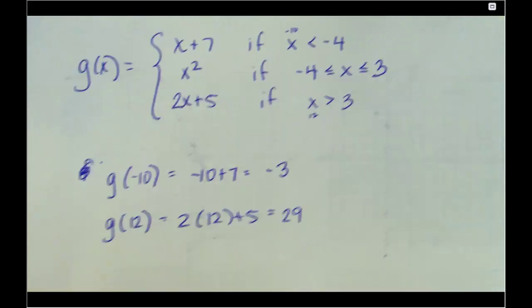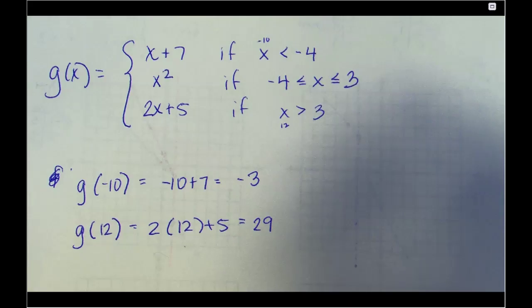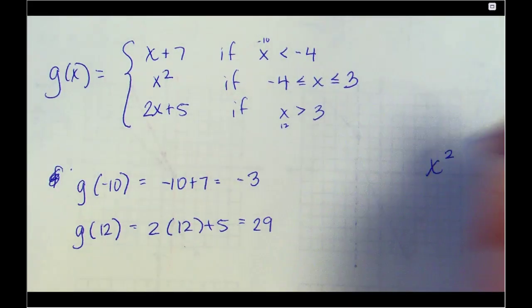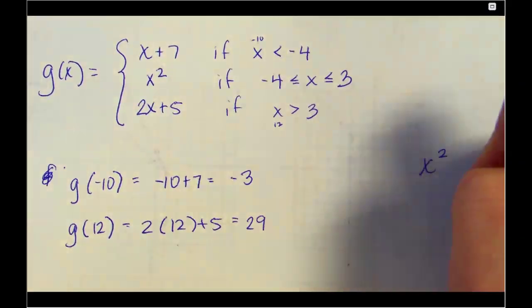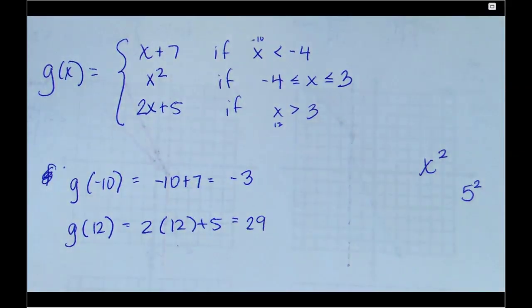Okay, now let's pause a second before I give you the next one. Do you remember what it means to square something? You times it by itself. So let's just do a couple unrelated. What is 5 squared? Not 10. 25, because it's 5 times 5.